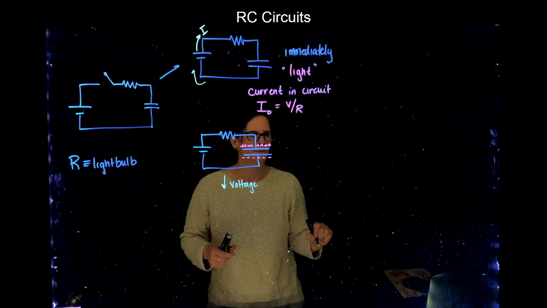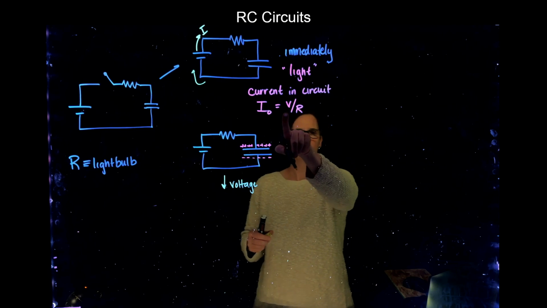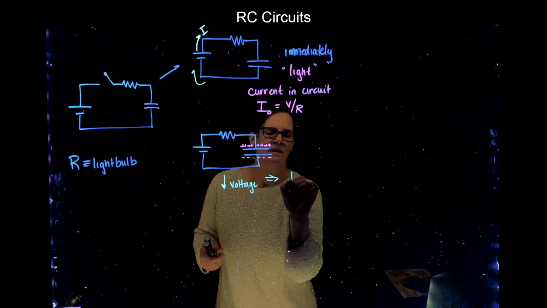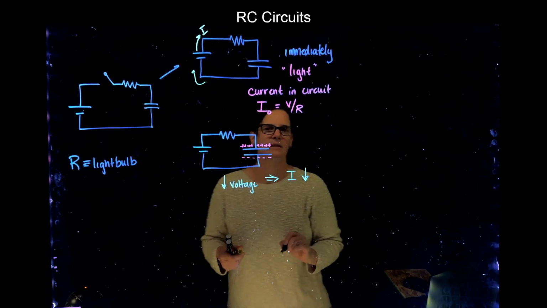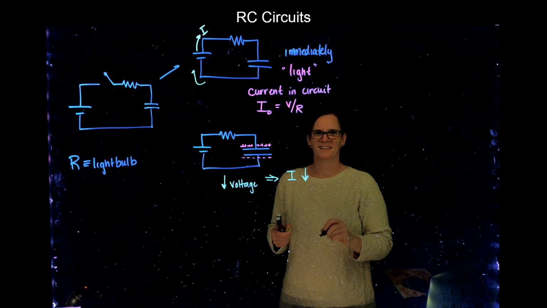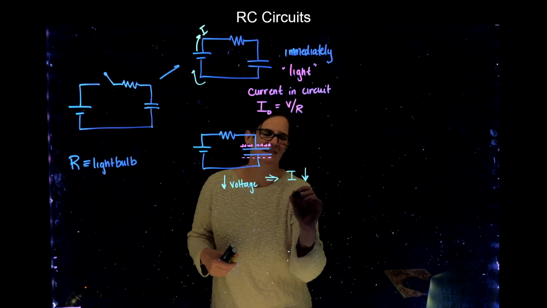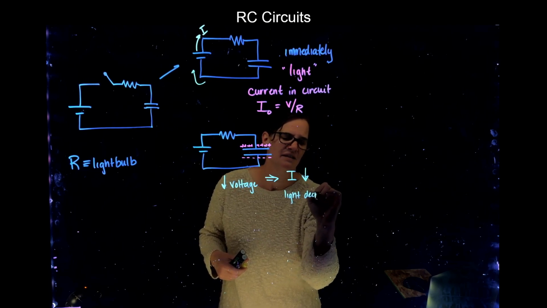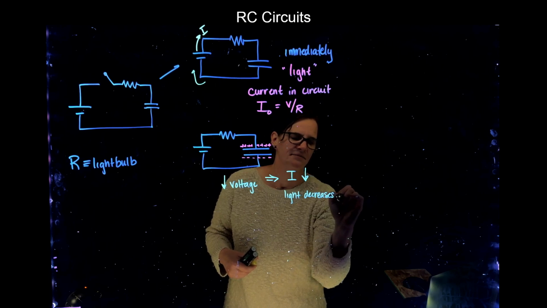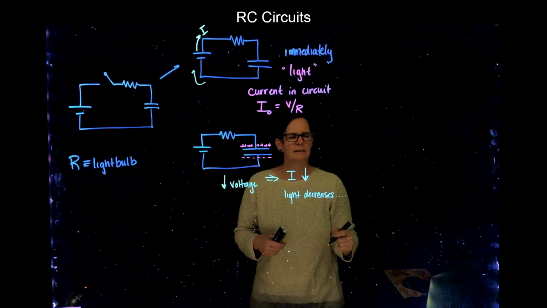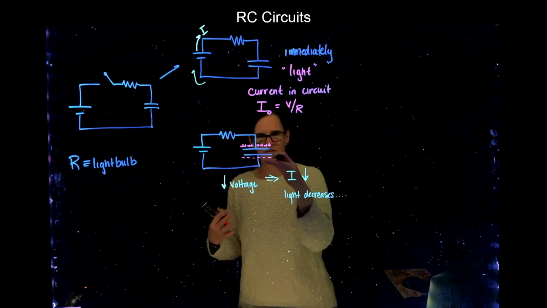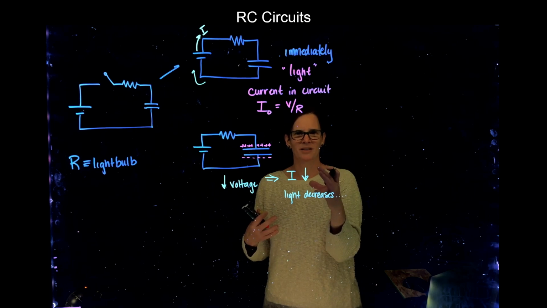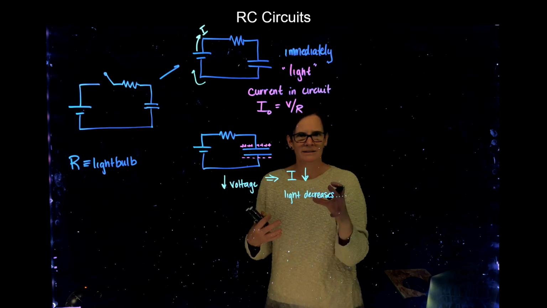available in the circuit. And if I decrease the voltage, what happens to my current? That tells us that the current begins to drop in the circuit. And as the current drops, the light decreases. So it begins to decrease. And as more current flows, more potential difference is built up on this capacitor, more light decreases.